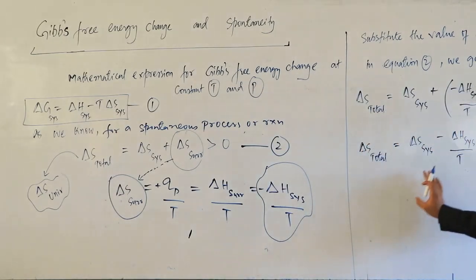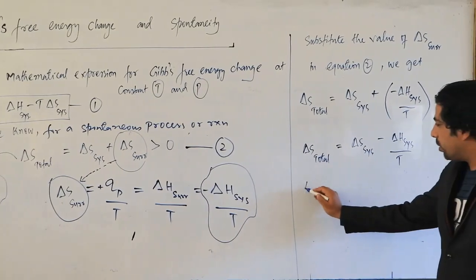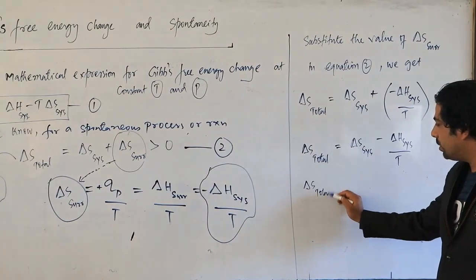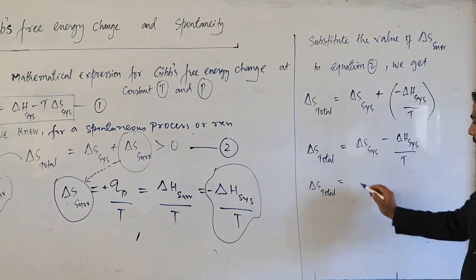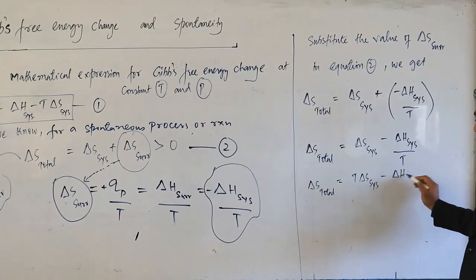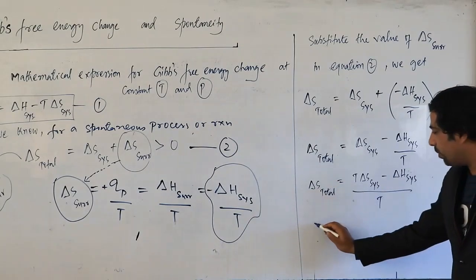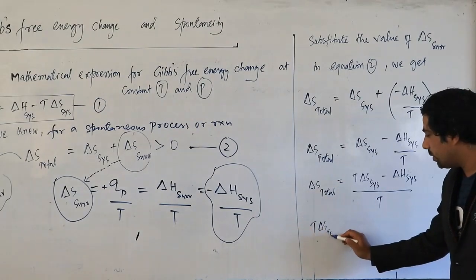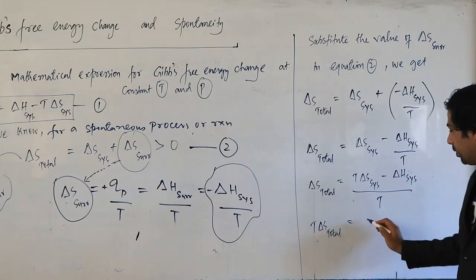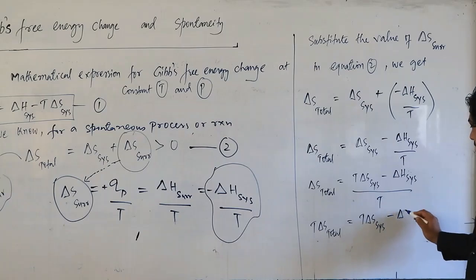Now look here, my dear friends. If we take LCM and all those things here, finally what we get: delta S total is equal to, this T will come up here, that is T del S system minus del H system upon T. Then finally this T will come here, and you will get T del S total is equal to T del S system minus del H system, my dear friends.